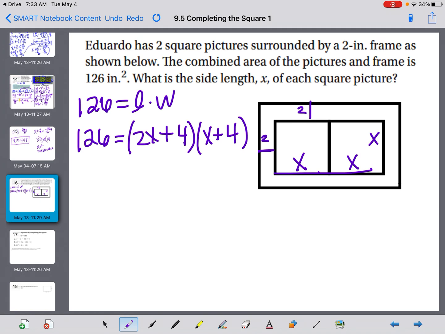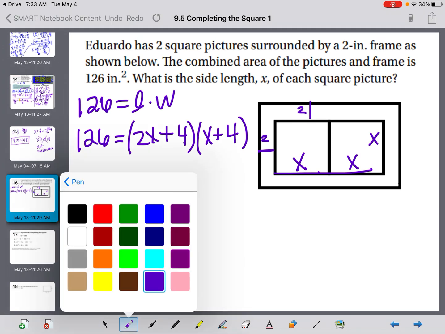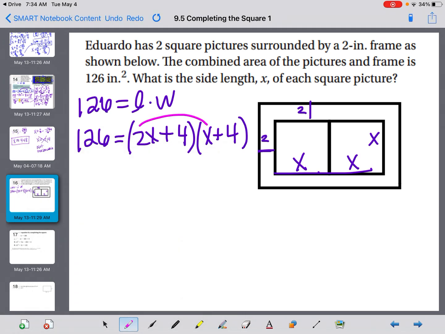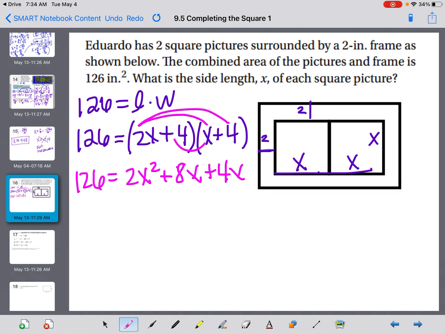Okay, so when I FOIL, let's switch colors here. When I FOIL, I do first, which gives me 2x squared, outside, which gives me 8x, inside, and last.